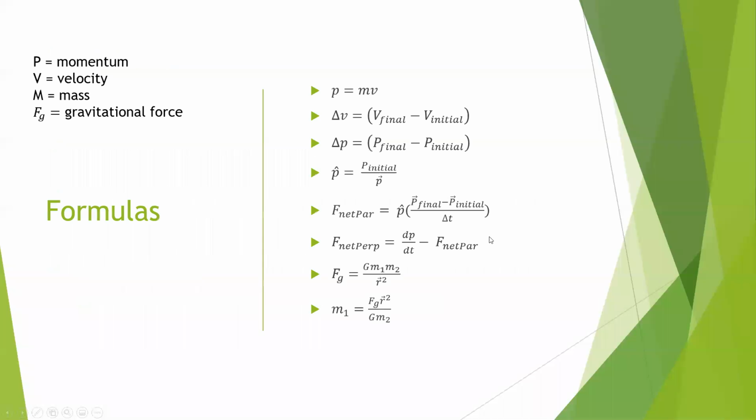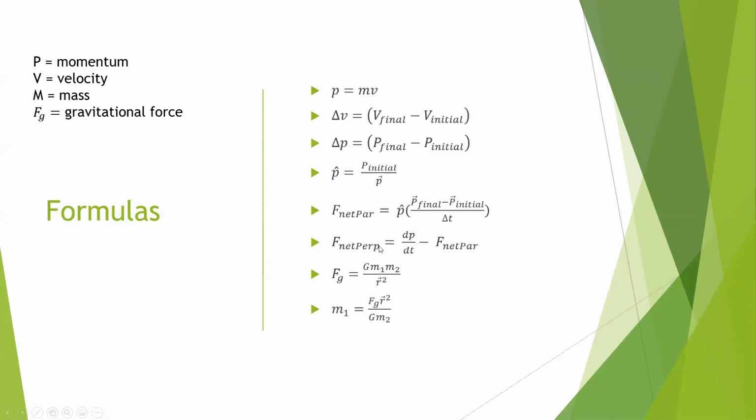All right. So these are all of the formulas used. P equals mv, delta v equals v final minus v initial, delta p equals p final minus p initial, delta p hat is equal to p initial over the magnitude of p, F net parallel is equal to p hat times the magnitude of p final minus the magnitude of p initial over delta t.